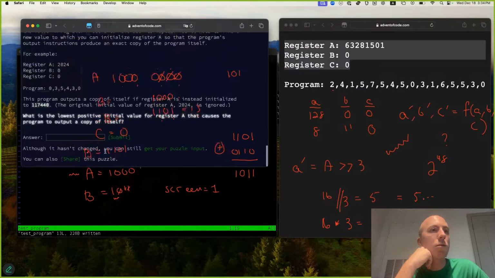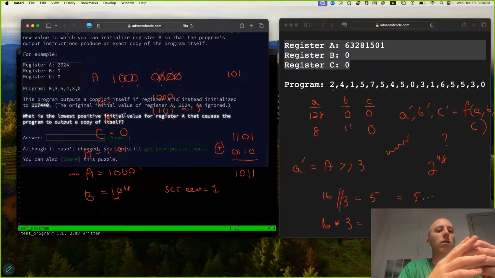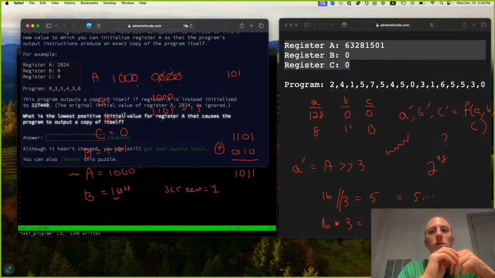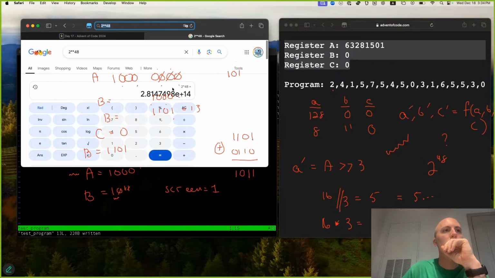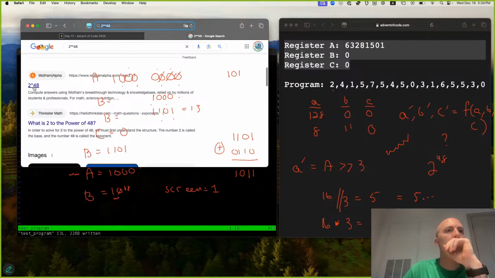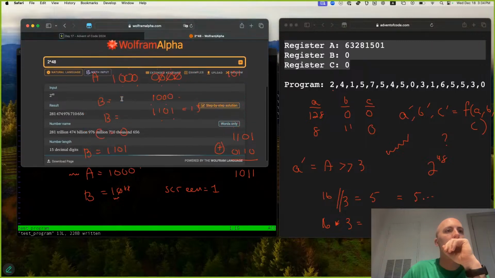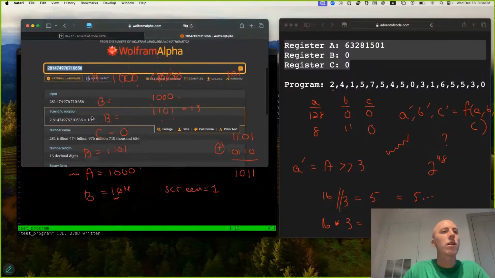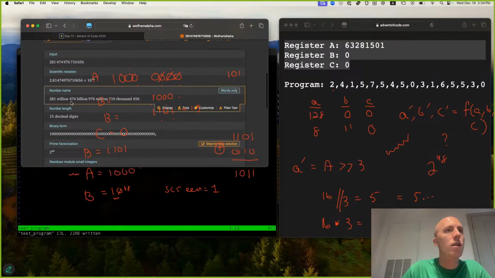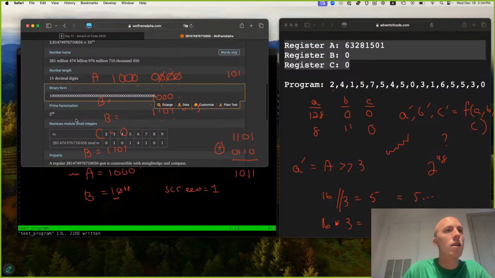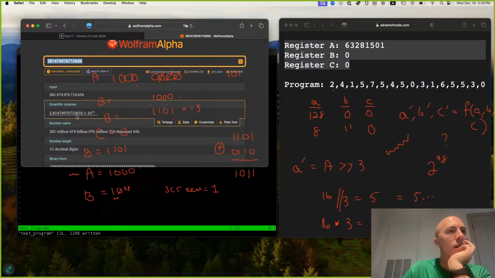How do we submit this? What is the lowest initial value? The value seems too large. Well, actually, let's see, 2 to the 48, what is that? It's just this number with 14 zeros, this thing times 10 to the 14th.